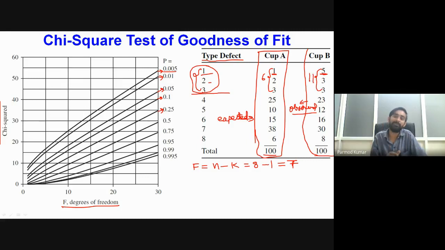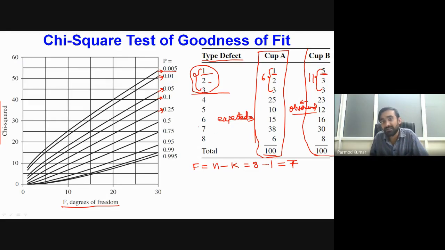Why have we done this? Because for this analysis we have to ensure that each cell has at least 5 numbers. If numbers are less than 5, then we have to redistribute our data. So we have combined the defects of types 1, 2 and 3 in order to ensure that each cell has at least 5 sample points.